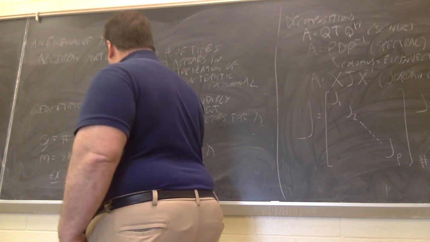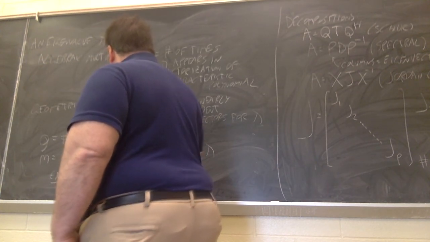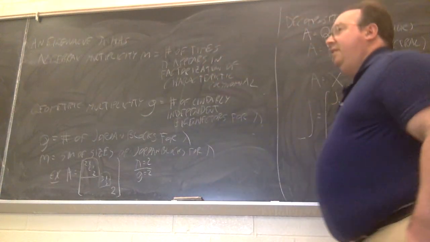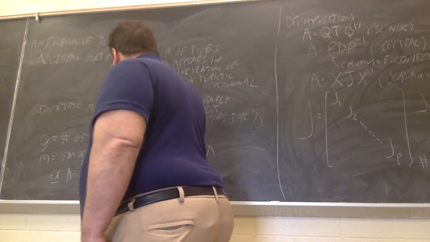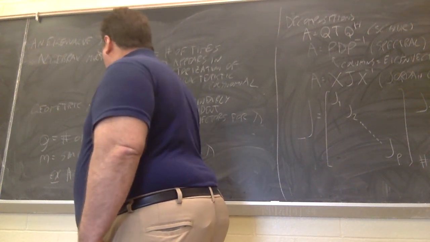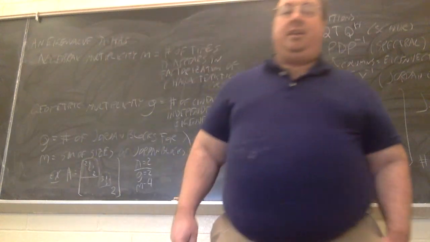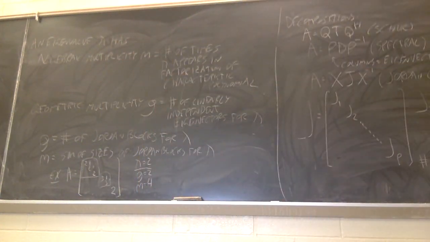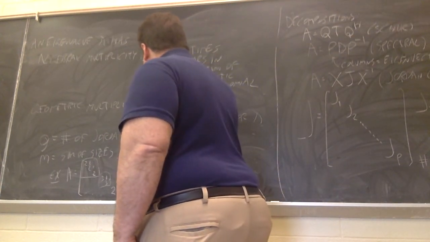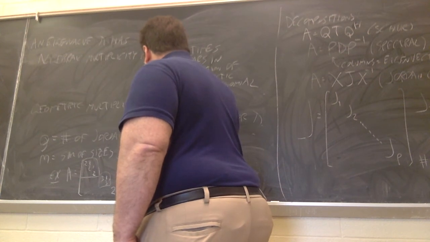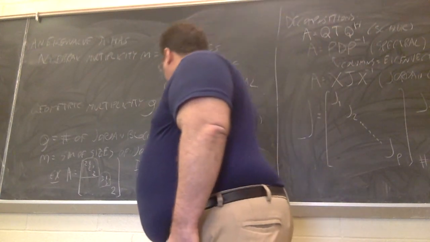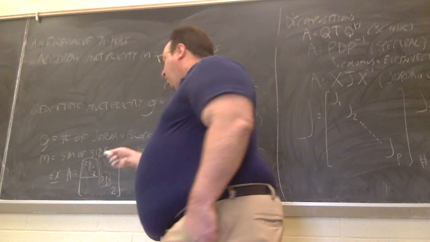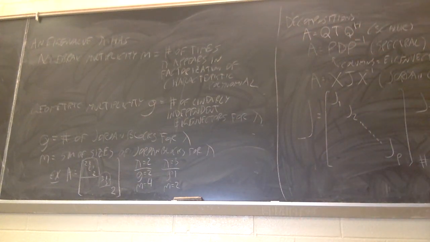For lambda equals 2, the geometric multiplicity is 2, because I have 2 Jordan blocks that have 2 on their diagonals. But the algebraic multiplicity of the eigenvalue 2 is 4, because I have a 3-by-3 and a 1-by-1, so I just add those two sizes together. And for the other eigenvalue 3, the geometric multiplicity is 1, because there's only one Jordan block that has 3 in it. And the algebraic multiplicity is 2, because that one Jordan block is 2-by-2.